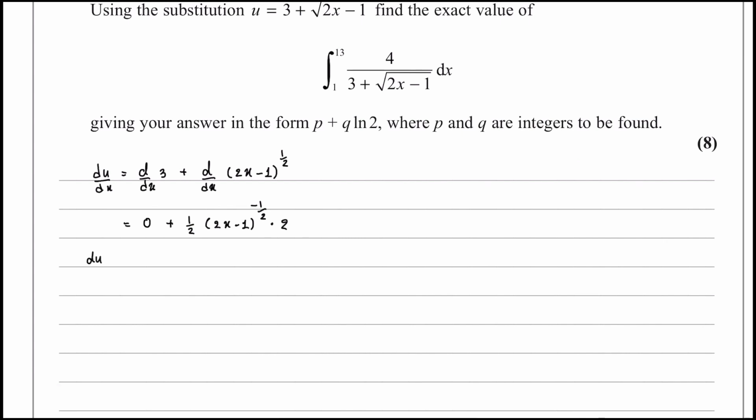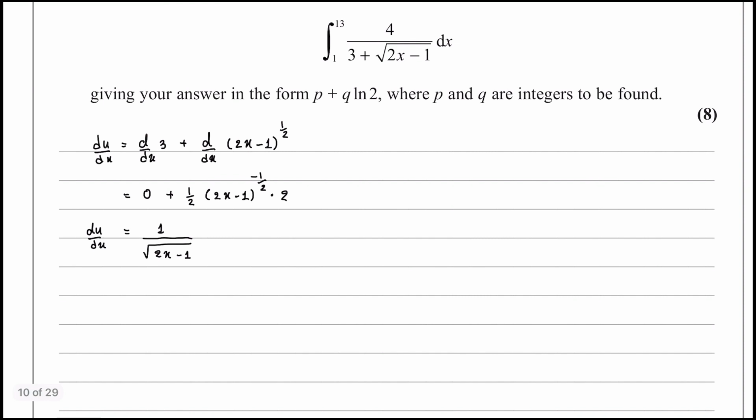So du by dx will be 1 over square root of 2x minus 1. That means du will be 1 over square root of 2x minus 1 dx.